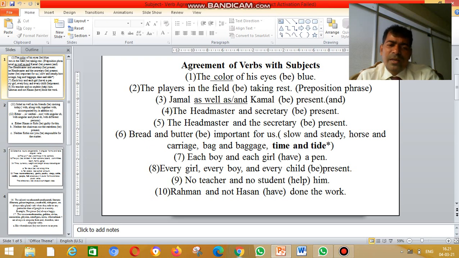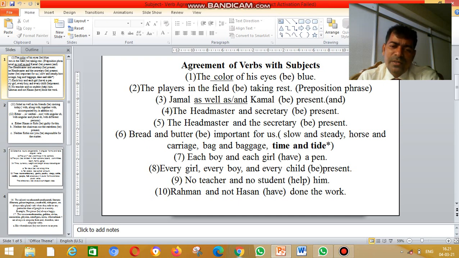In the same way, in question number 8, sentence number 8, you can see every girl, every boy and every child. After every, generally we use a singular form. This is the rule of grammar. So according to the rules of grammar, you must use the singular form of the verb.